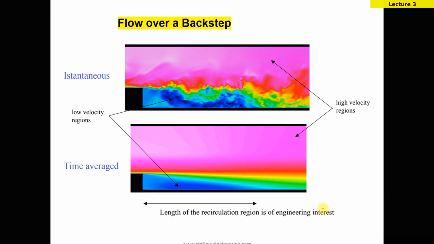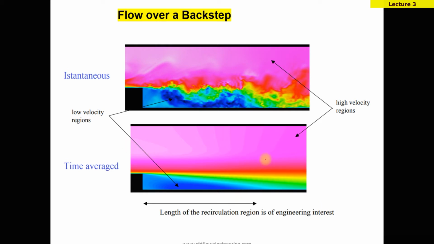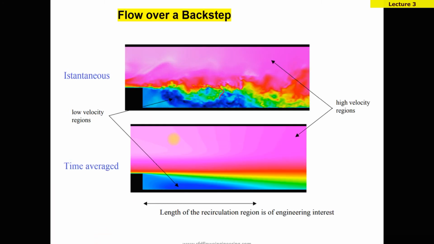Here is the flow over a backstep. In the instantaneous flow, we can see the fluctuation in the flow, but if we take the time average flow, then we don't see the fluctuation. Here we can see the time average flow velocity.